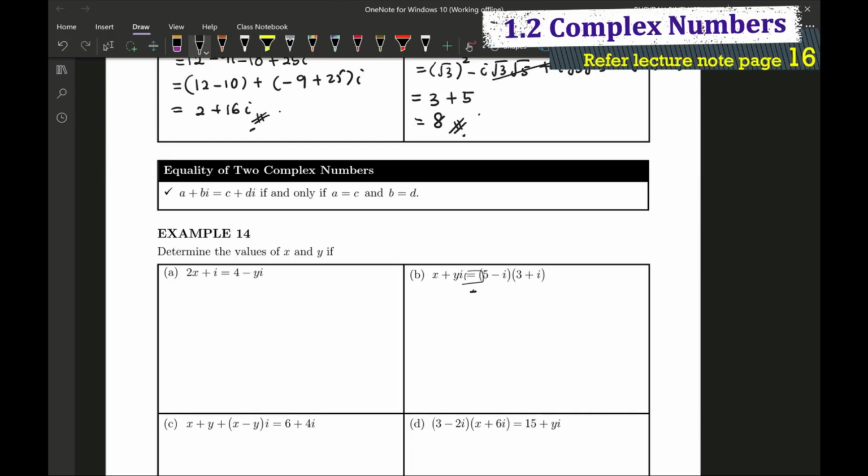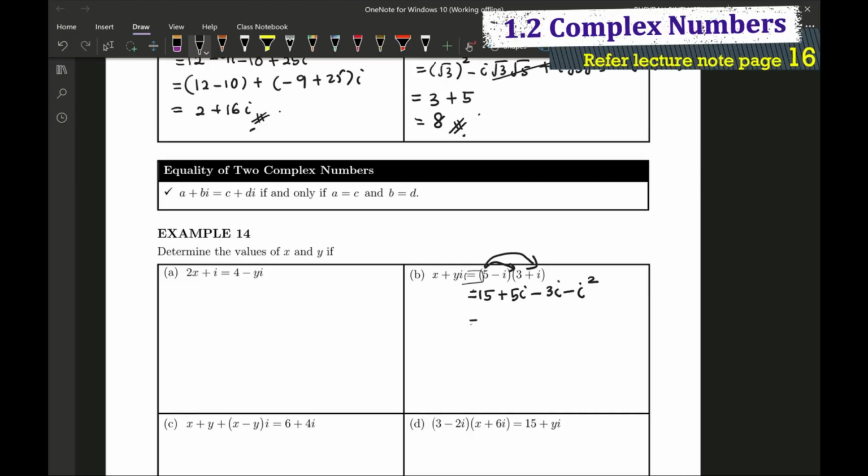To compare this, we need to solve this and make sure we get the correct answer. 5 multiplied by 3, we get 15, plus 5i minus 3i minus i squared.